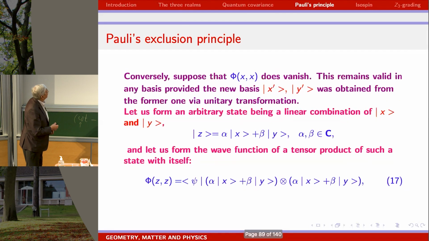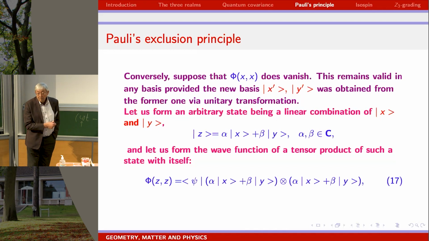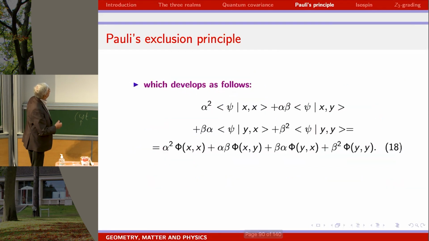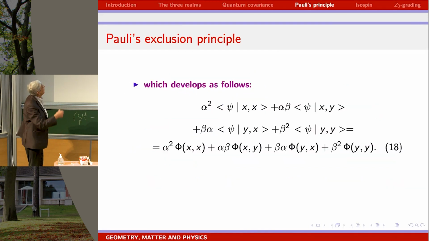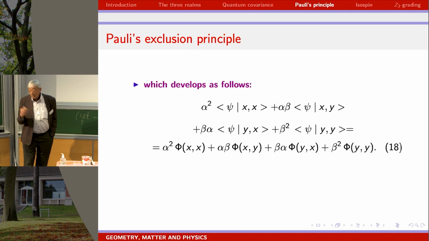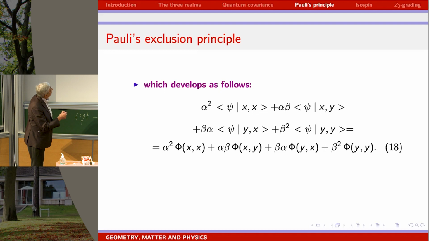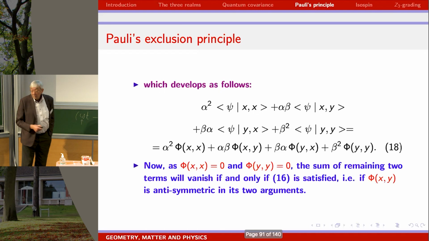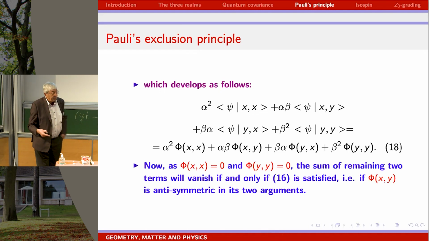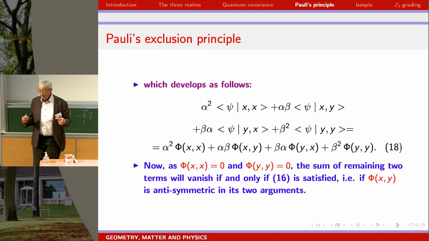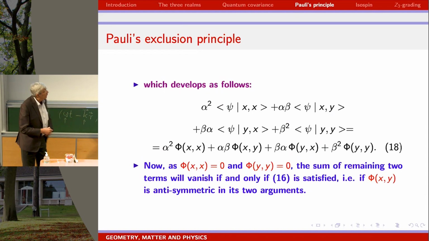And then you use the superposition principle. If you have two different states, you call it z, and then you say that f z z should be 0, because it has to apply to any combination of states. If so, you just develop it, and you see this is 0, and this is also 0, and then what is left, beta, alpha, alpha, beta, are just simple numbers, and then you get the antisymmetry. Okay? So antisymmetry is coming from Pauli's exclusion principle and superposition.